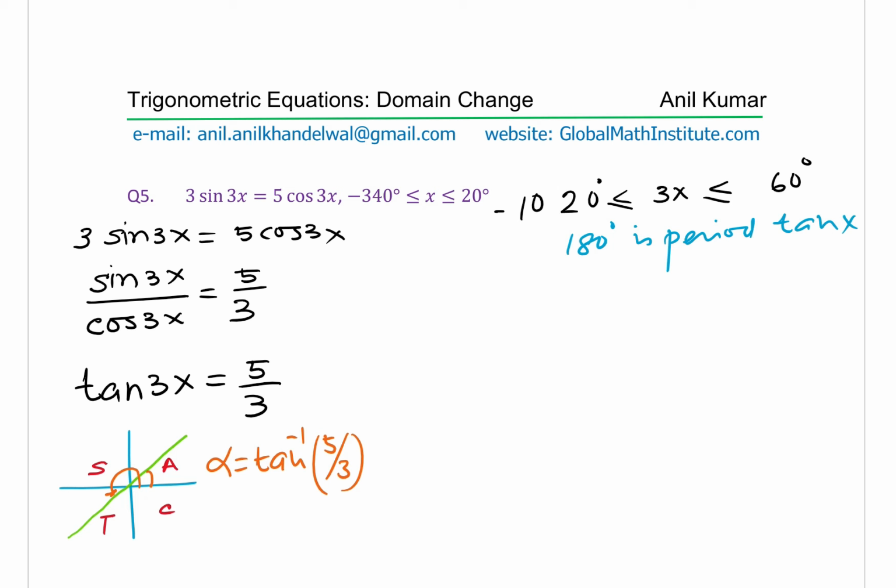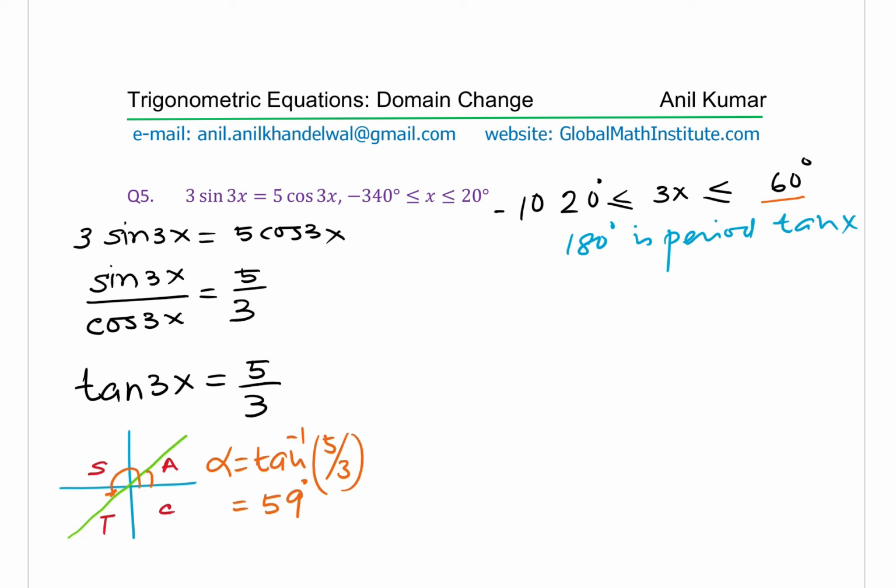So we get this value as 59 degrees. One less than 60, but definitely 59 degrees is less than 60 degrees.